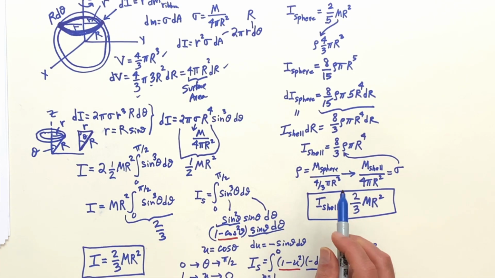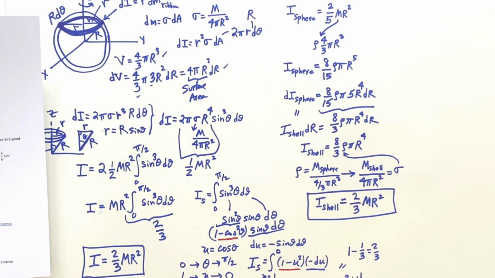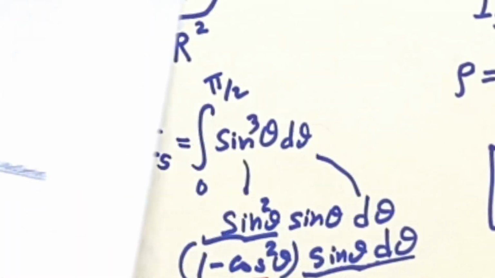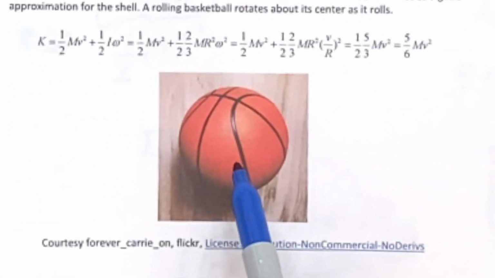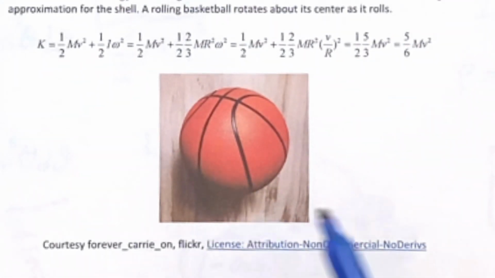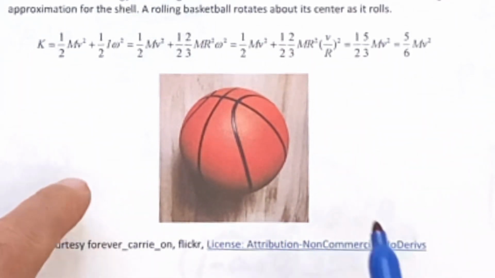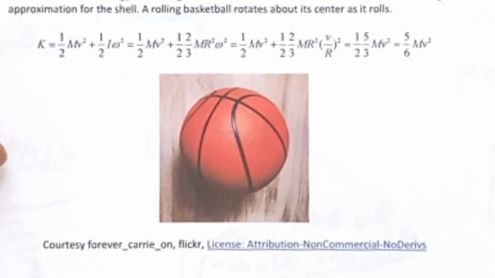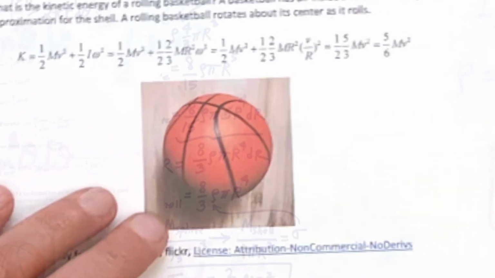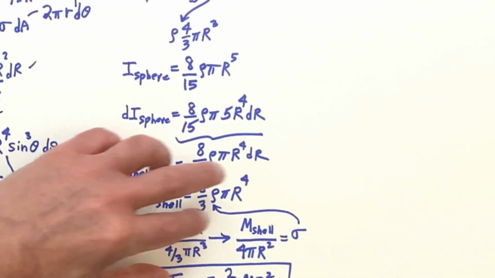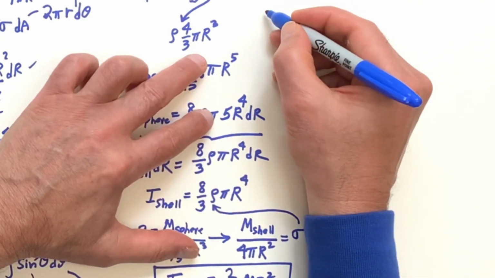So think about this, you rest a little bit, go back, because it's a little tricky, and understand another way to solve the problem. Now, what is a good example of this? Well, basketball's got air inside, so compared to the air, you could basically say it's like a shell. And let's figure out the kinetic energy of a rolling basketball like we did before for the rolling sphere.